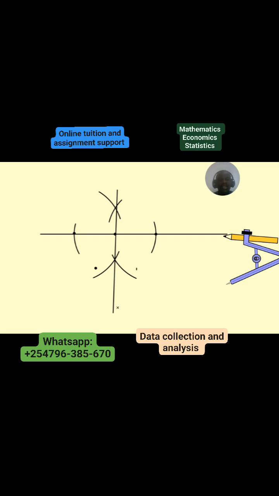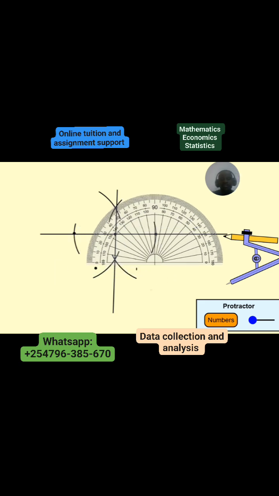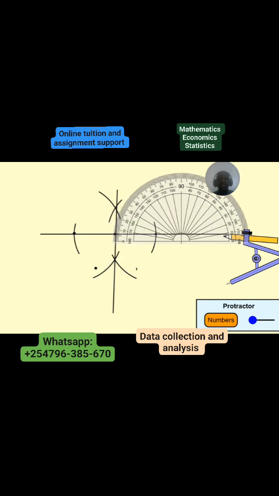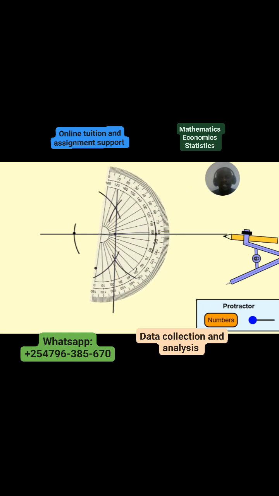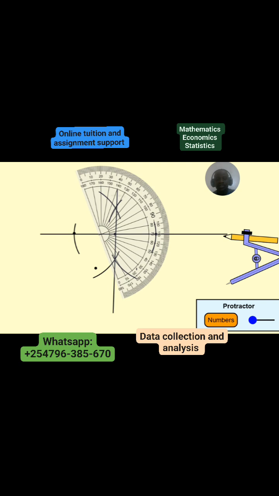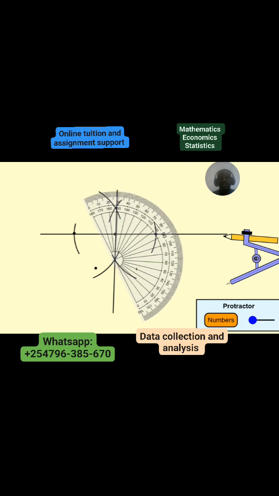So how do we now understand the concept of bearing? The concept of bearing requires the concept of perpendicular bisector. So I can use this particular protractor now. Because I have the knowledge that when measuring bearing, we normally measure it from north to south in clockwise direction.